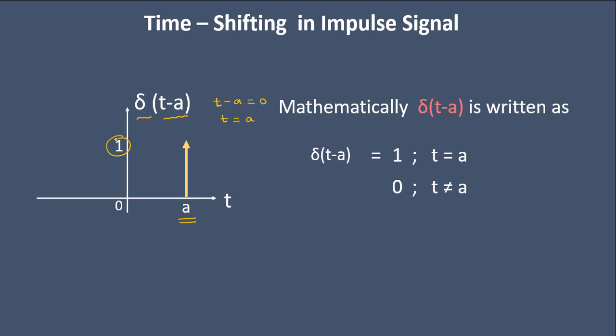So we can write the signal del of t minus a mathematically as del of t minus a equals 1 at t equals a, and the signal is 0 for t not equal to a. And we already know del of t minus a is a right-sided signal and it is a delayed signal.